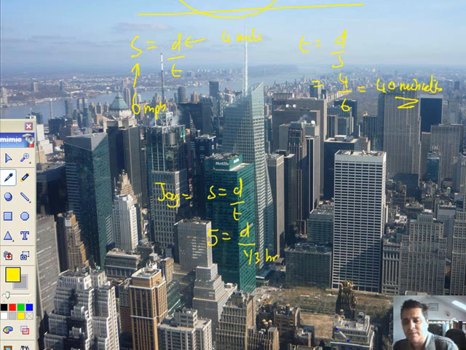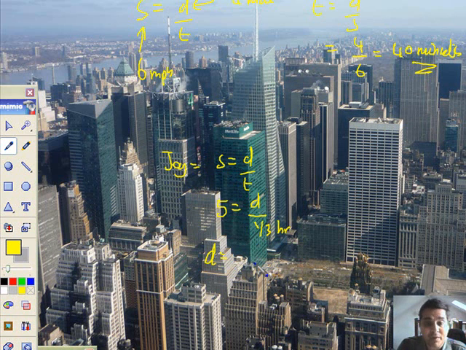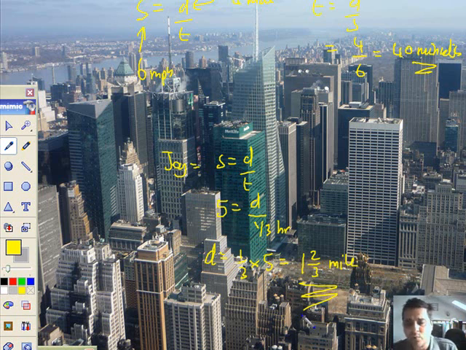So the distance she'll be jogging is going to be 1/3 times 5. Well, 1/3 of 5 is going to be 1 2/3 of a mile, 1.6 recurring miles. That is the jog.